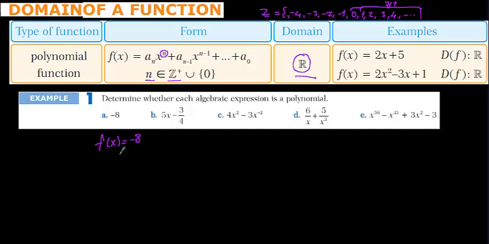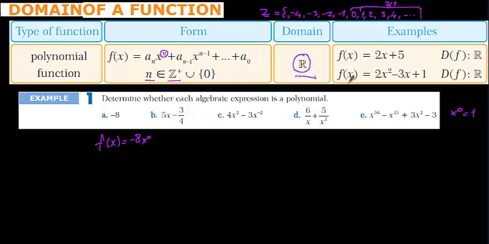Yes, it is a polynomial function, because here we have an invisible variable, which is x to the power of 0, and I want you to write here x to the power of 0 is equal to 1, and the power is an element of Z plus union 0.